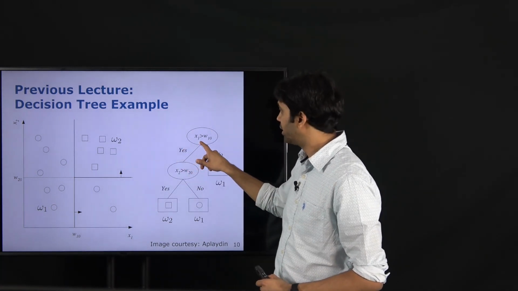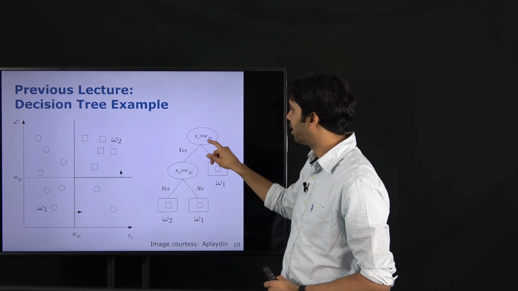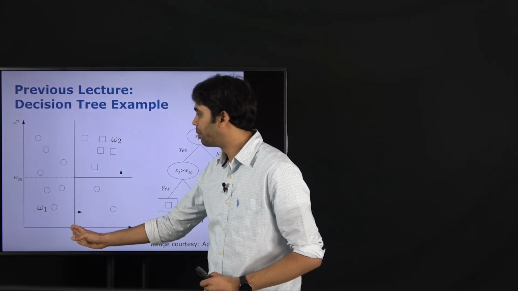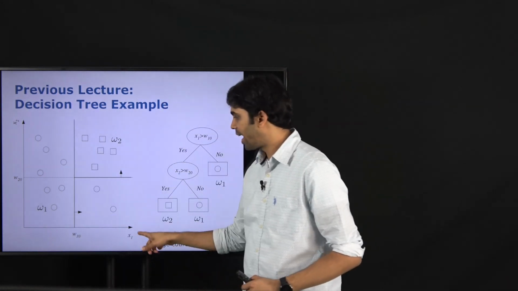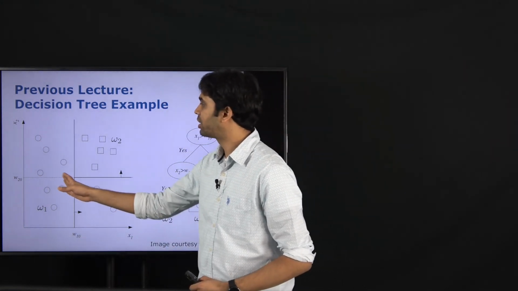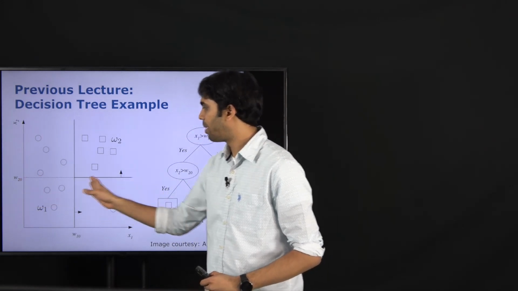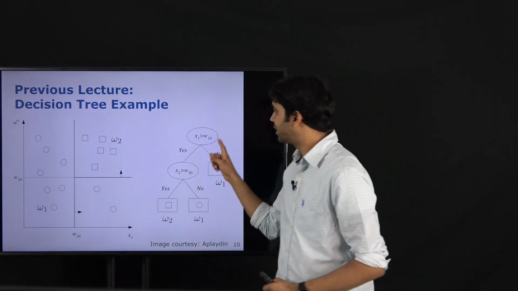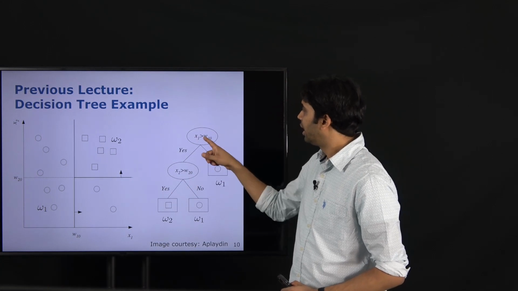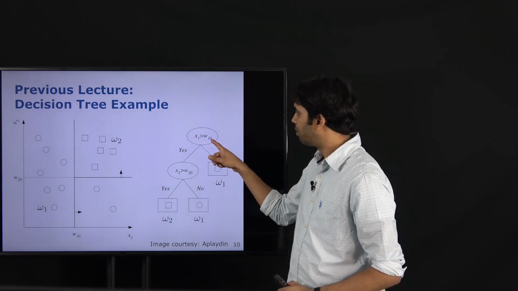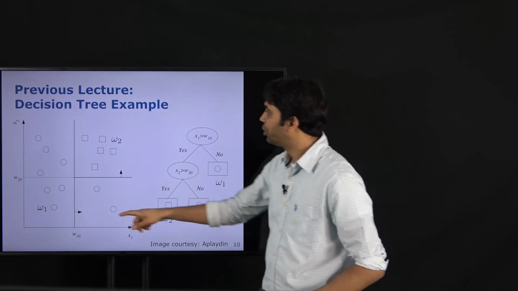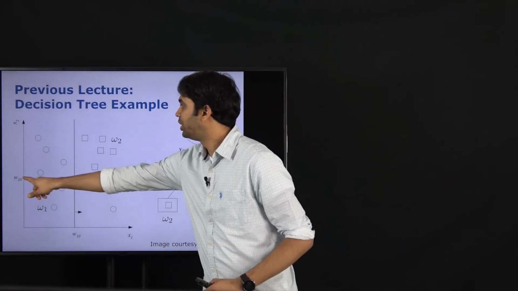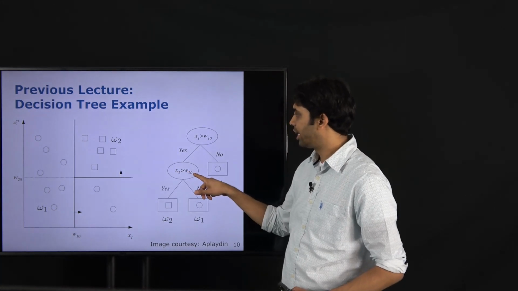So what this node corresponds to, x1 greater than W10, is it's breaking our input space into two paths. Since this is our x1 feature axis, you have paths which is left of x1 and paths which are right of x1. And this is exactly what you see here. If x1 is greater than W10, then you go into this branch, and then you check the other dimension. You then check, is x2 greater than W20?